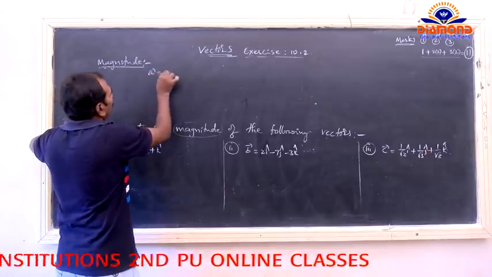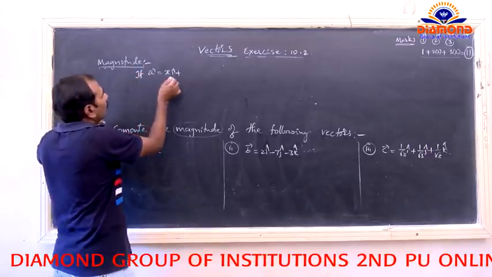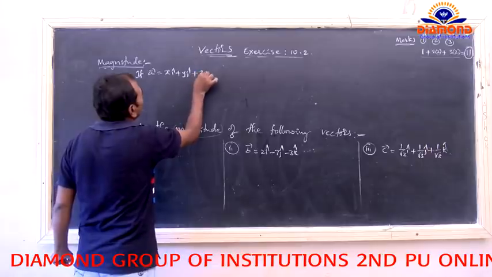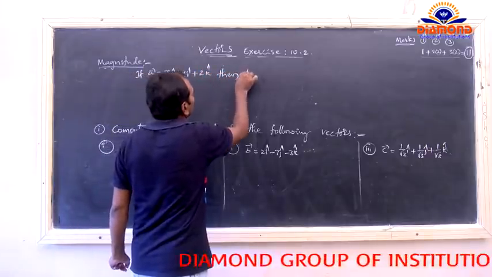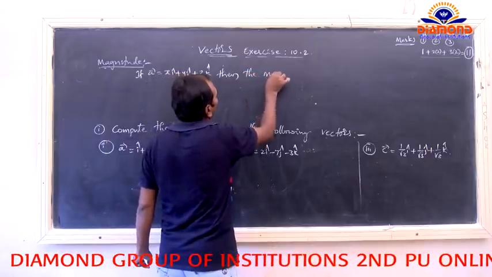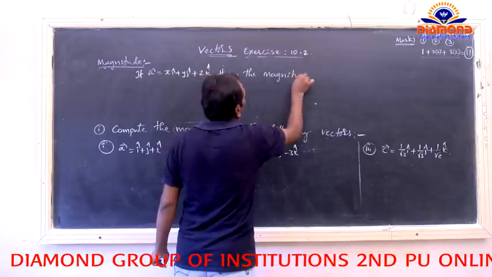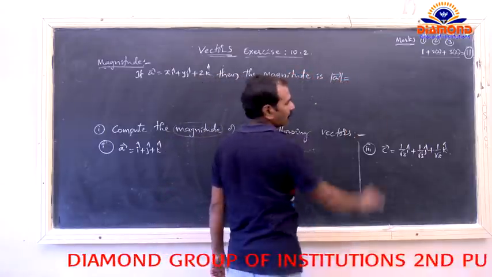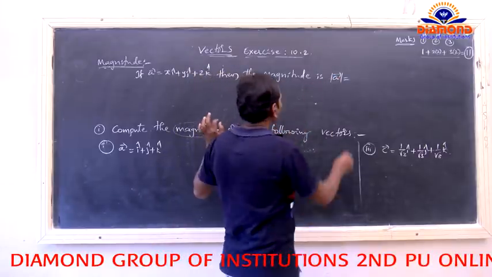If A equal to x i cap plus y j cap plus z k cap, then the magnitude of A means modulus of A. Magnitude is denoted by like this.